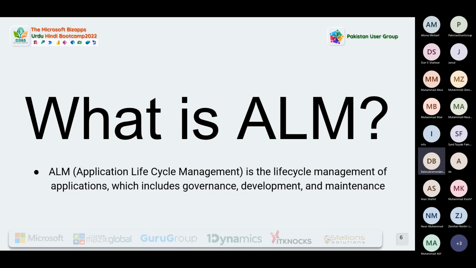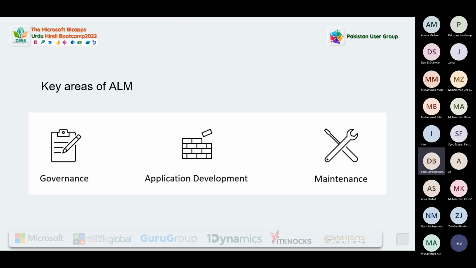These three are the key areas of ALM, which also includes requirement management, software architecture, development, testing, maintenance, change management, support, continuous integration, project management, deployment, release management, and governance. So these are all the things that come into the picture when you speak about ALM.